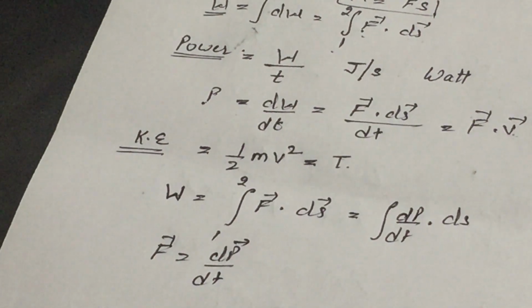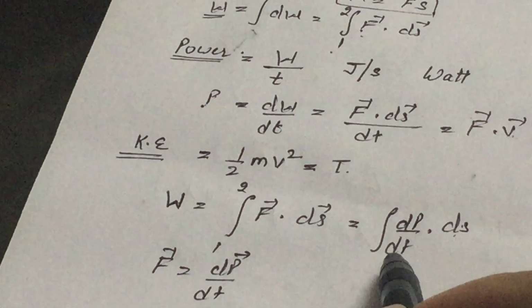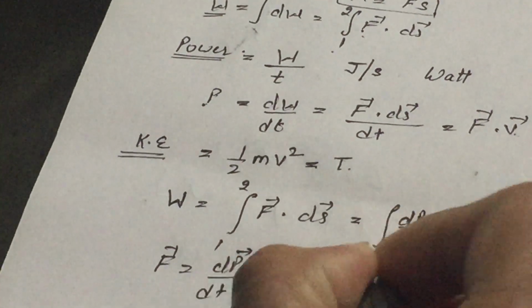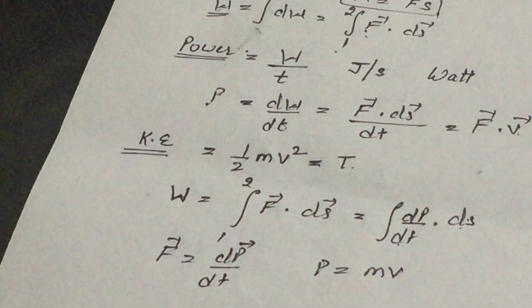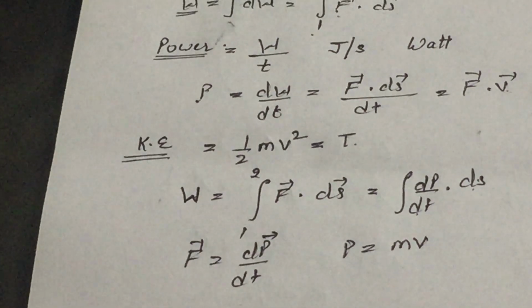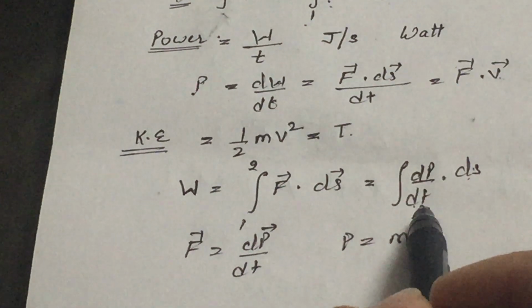We can substitute this in the above relation and you will have dp upon dt dot with ds. We can again substitute the value of momentum, that is mass into velocity. Mass is a constant quantity, it will not change with time.